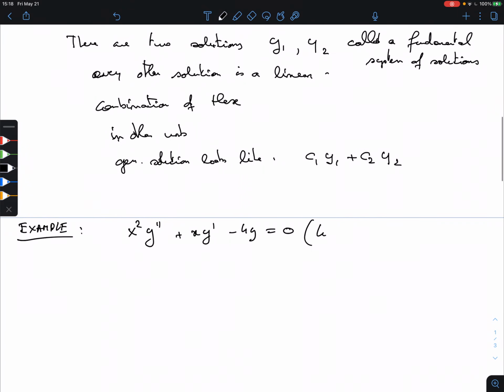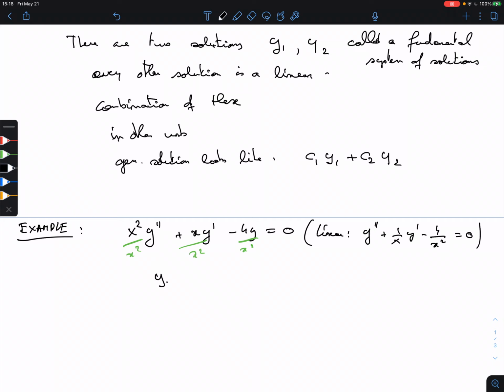It is linear if you realize that you can divide everything by x squared. That will make it really look like a linear one. And now you see that the p of x here is 1 over x, and the q of x is minus 4 over x squared. So it is linear, okay?